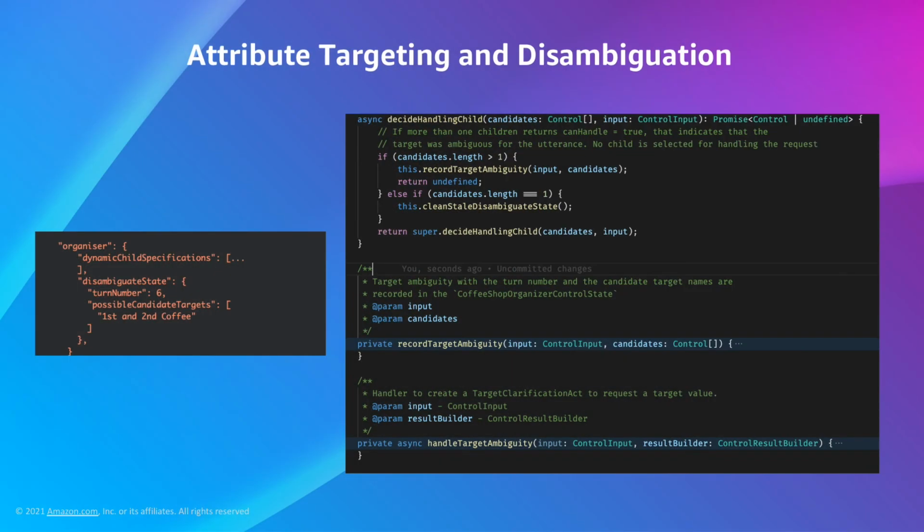Let's dig deeper into what's happening here. When the user asks for cinnamon to be added to the caramel coffee, both the first and second coffees are identified as potential candidates, as you can see in the logs. In the code snippet, you can see that when multiple children, that is candidates, respond back with can handle equals true, the skill sets the target ambiguity to the disambiguation state, and a clarification question is asked to the skill user.